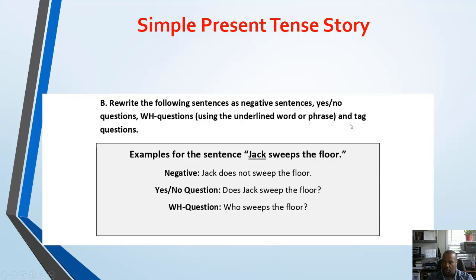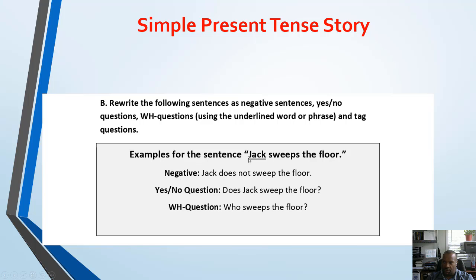So we're not going to do tag questions on any of these, but we will do negative statements, yes or no questions, and WH questions. All right, so let's look at our examples.